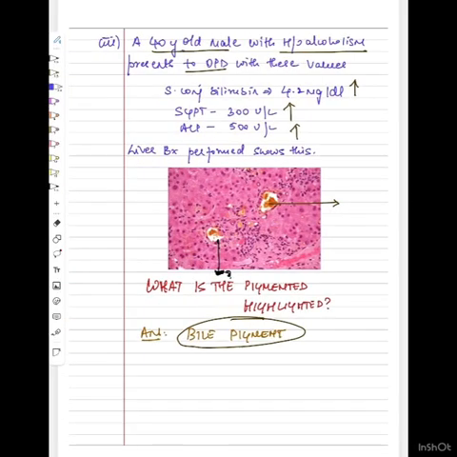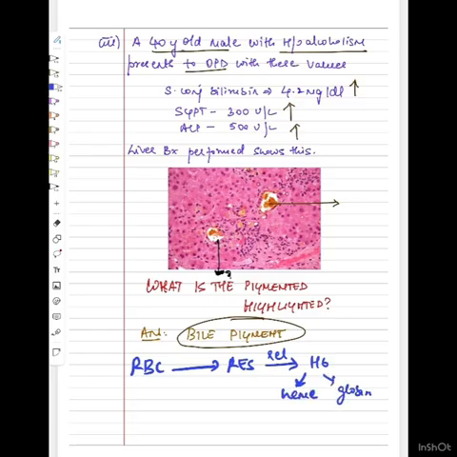What happens is, these RBCs undergo a breakdown in the reticuloendothelial system, and that releases your hemoglobin. This hemoglobin, like we discussed before, has 2 parts. One is heme and the other is globin. Now what happens is, this heme component is metabolized and there is a tetrapyrrole ring which is formed.